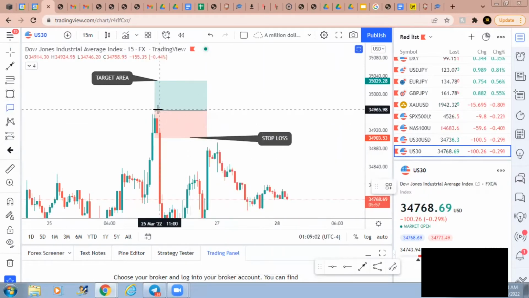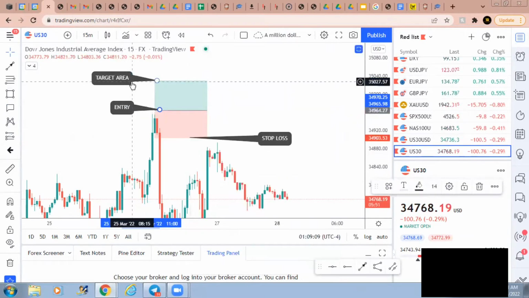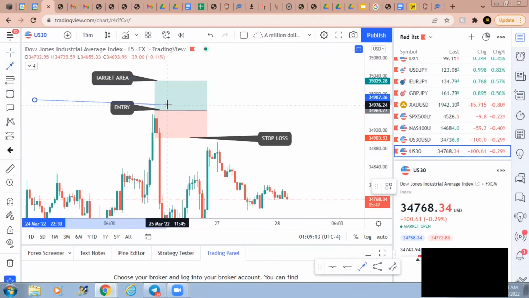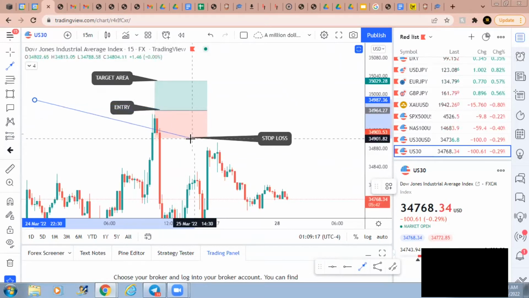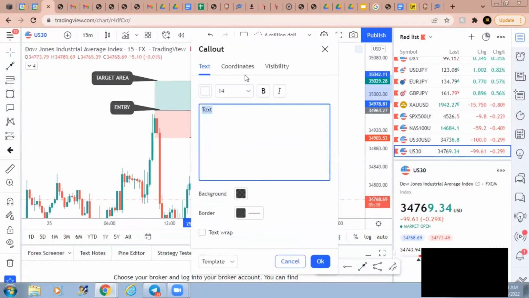In the middle is your entry point. Your target area is at the top. This is the buy stop scenario: entry point in the middle, stop loss at the bottom. So I'm going to label this the buy stop scenario.